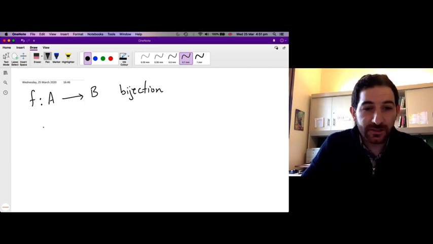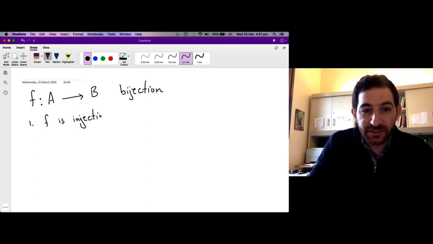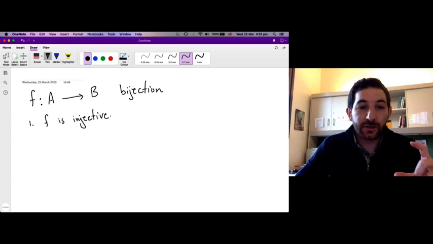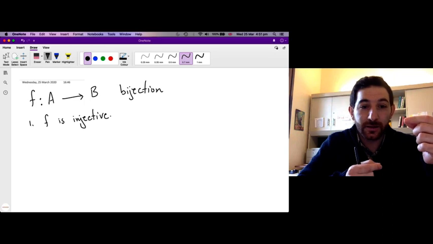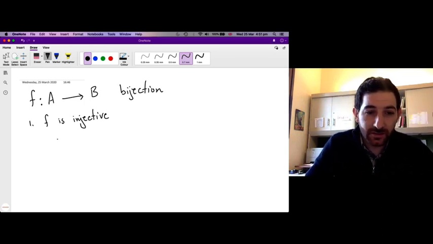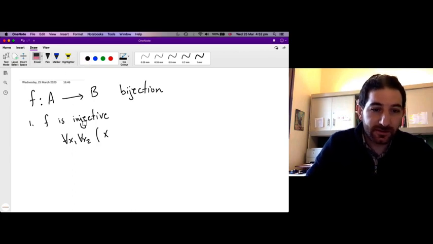Now we studied injective functions and surjective functions. Bijections are those functions which are both injective and surjective. So one, f is injective. What does it mean that f is injective? It means that if you choose different elements in A, in the domain, then their images are different. So how will we say this?